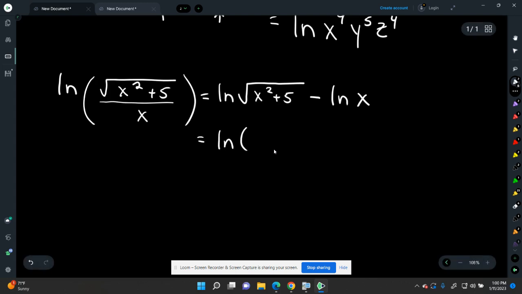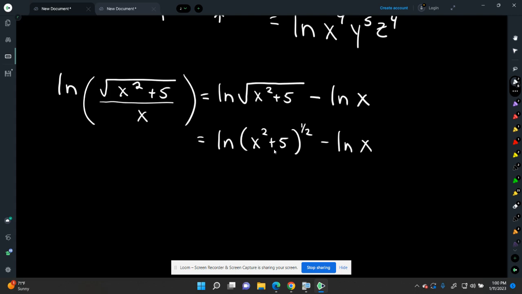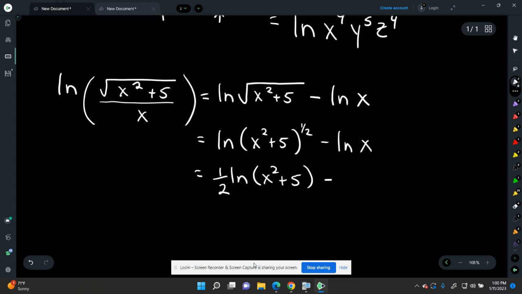Natural log x squared plus 5 to the power of 1/2 minus the natural log of x. Okay, now maybe we can go somewhere. What can I do now? Put the 1/2 in front. 1/2 natural log x squared plus 5 minus natural log of x. And that's all we can do.